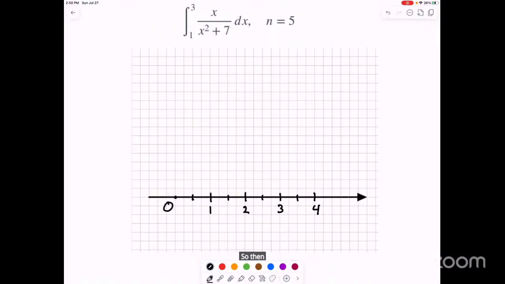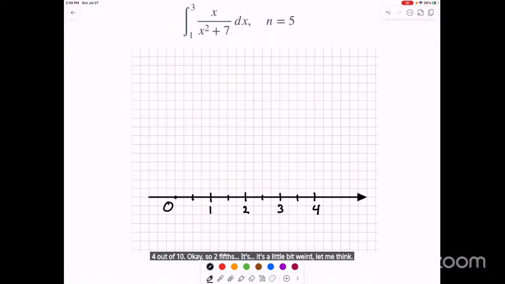Then what we want to do is break the interval from 1 to 3 up into 5 equal subintervals. So 2 divided by 5 is 2/5, right? It's a little bit weird.